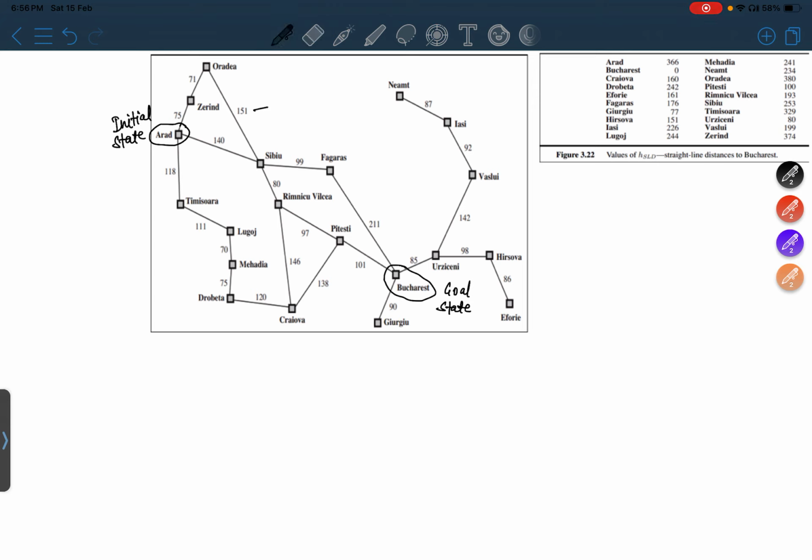So gn values will be the sum of all these action costs, and these values given in this table are called hn or heuristic values. Okay, so let's work with our example. So let me draw our frontier.